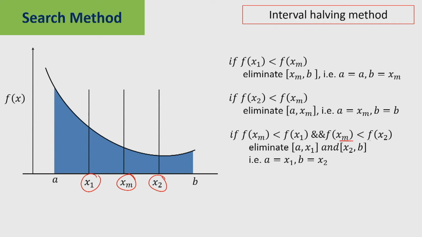So, after taking these 3 points, this is condition 1, this is condition 2, and this is condition 3. Condition 1 means f of x 1 is less than f of x m.